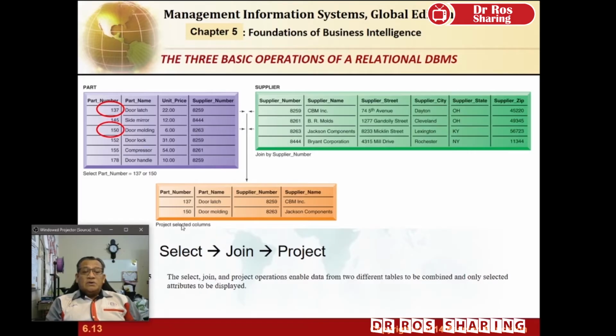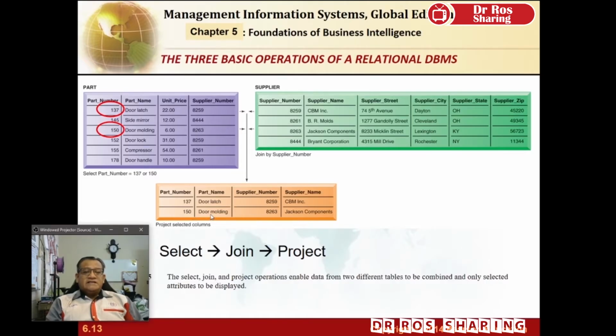You want to know only what is the part number that the customer ordered, what is the name of the part number, and what is the supplier number for you to manage the order, and who is supplying the products. So out of these two tables, part and supplier, you want to see only two part numbers, which are door latch and door molding, part numbers 137 and 150 respectively.